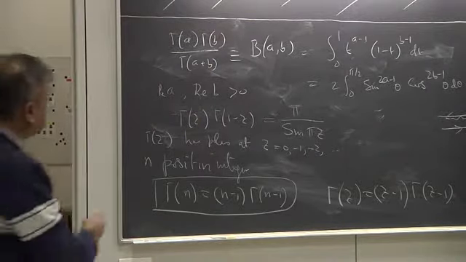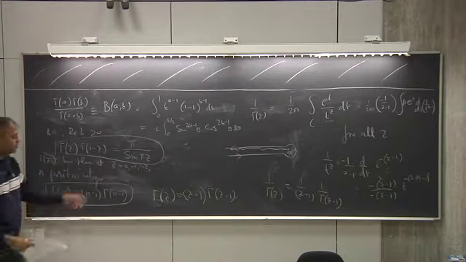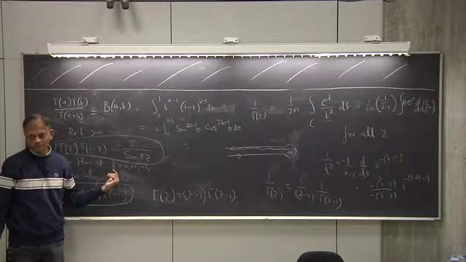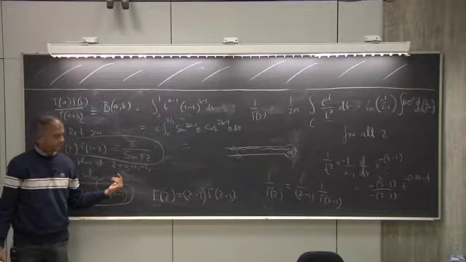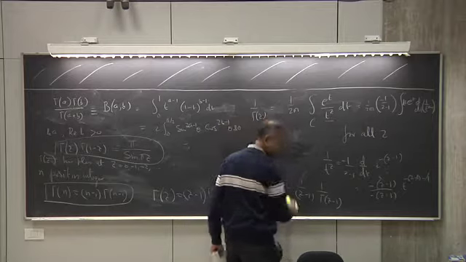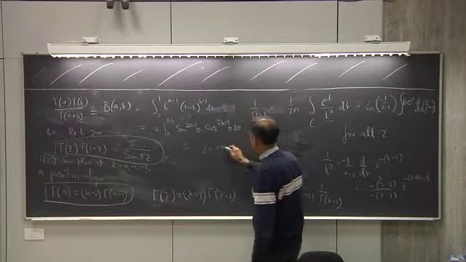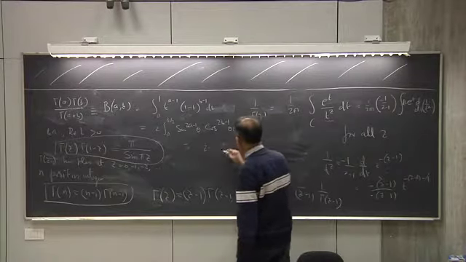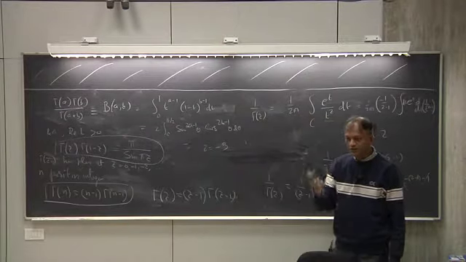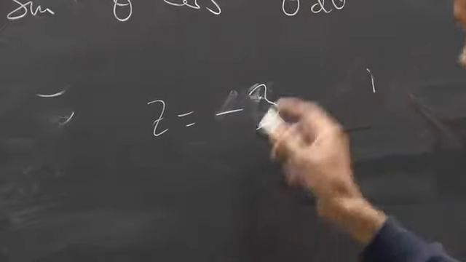So this formula is very useful because it not only tells you where the poles are, but you can also use it to compute the residue at all these poles. For example, suppose I want to look at the pole at z equal to minus 3, and compute the residue there.